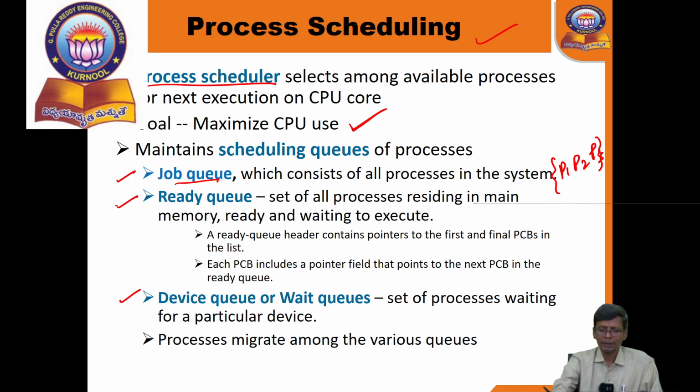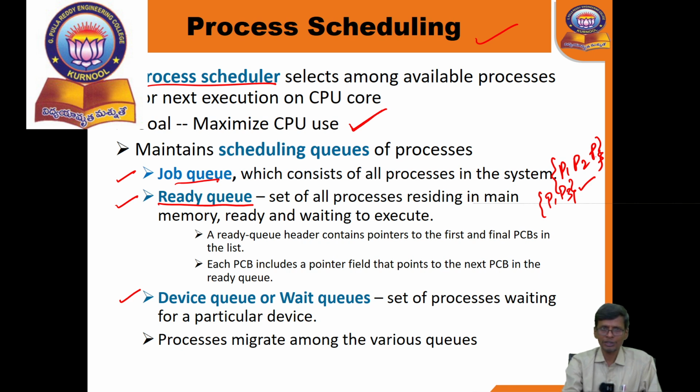For example, P1 and P3 want to execute. They are ready to execute and waiting for execution. So these two processes are placed in the ready queue.